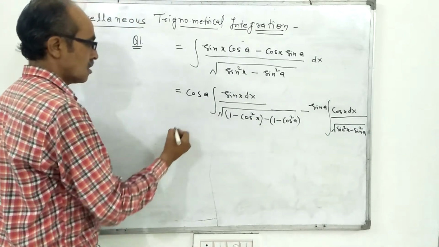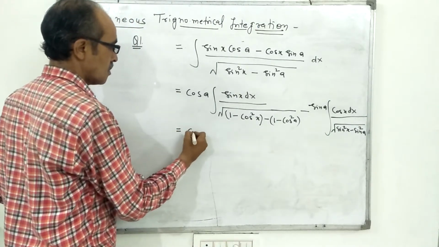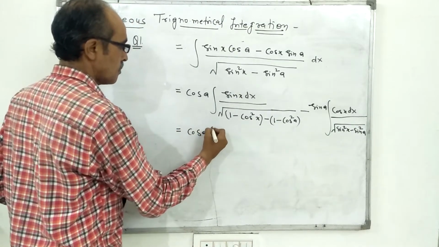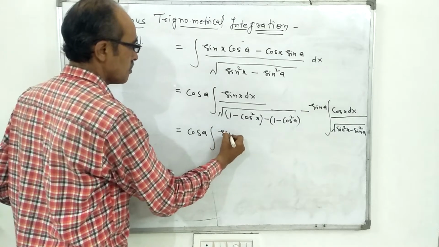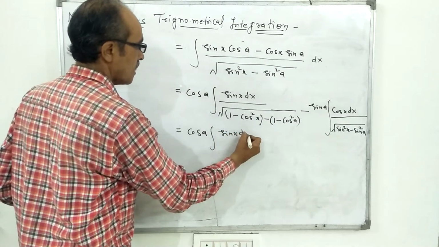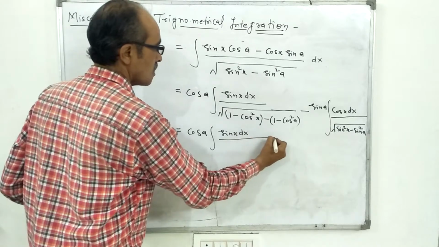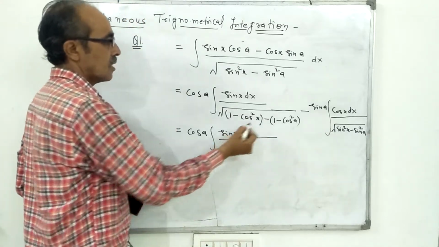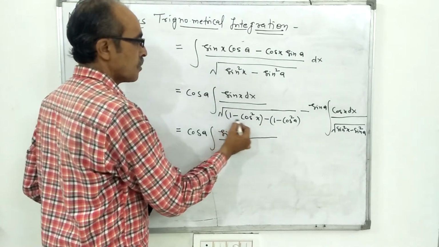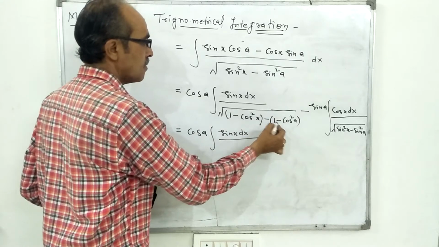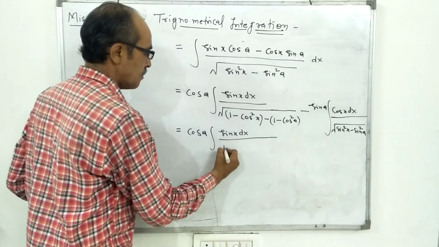Now there is cos a times the integral of sin x dx divided by, yes, this one cancels with this one, and this term is positive and this one is negative.